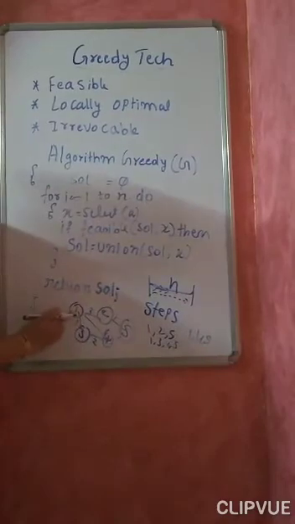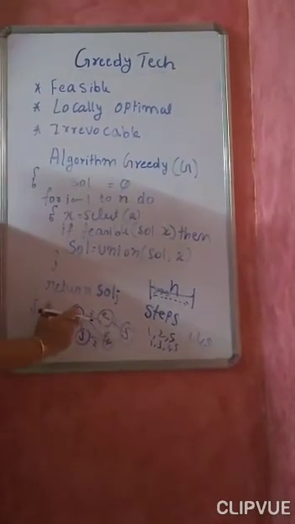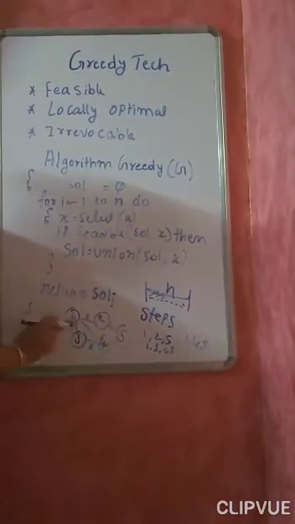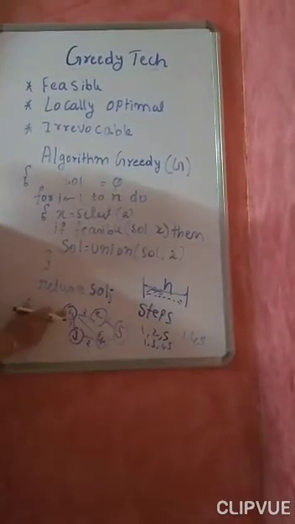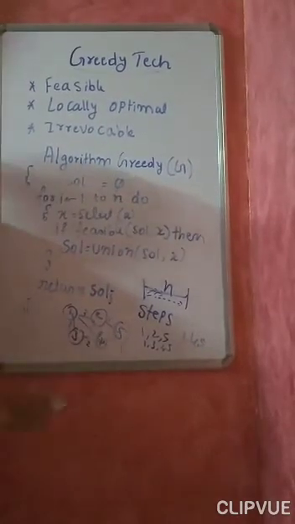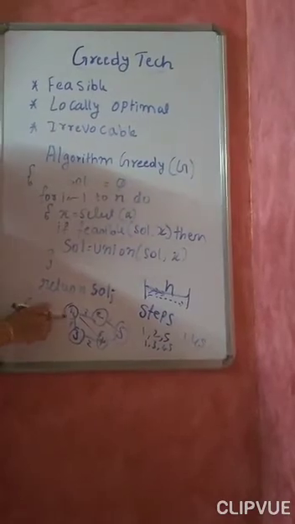Suppose I write 1, 2, 5, 2, 1, that is not a feasible solution. Or if I write 1, 3, 1, 4, 5, it is not called a feasible solution. Why? Because the vertex 1 is repeating.